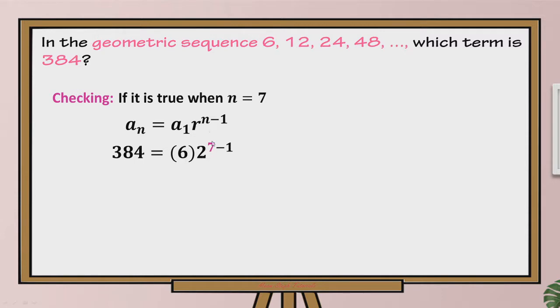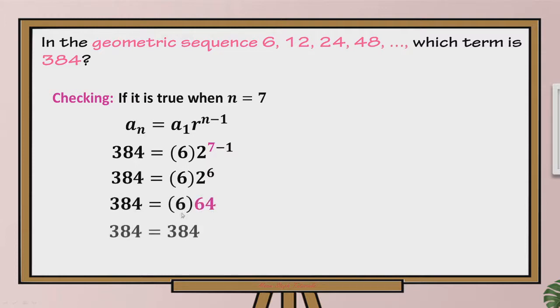And then, n natin ay 7 minus 1. So, magiging 2 raised to 6. And 2 raised to 6 is 64. 64 times 6, that is 384. So, 384 is equal to 384, which is true. Kaya, masasabi nating tama ang ating sagot na n equals 7.